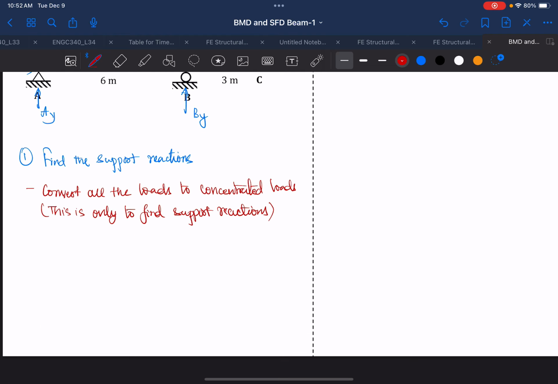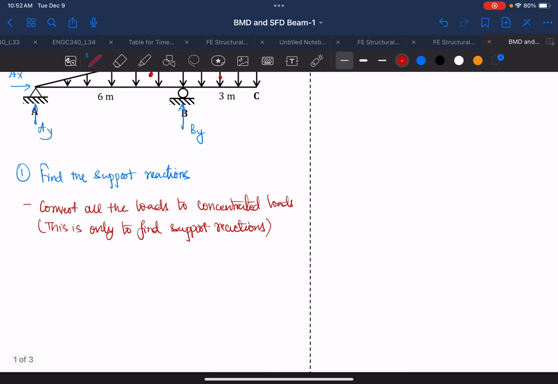So this concept that we convert all the loads to concentrated loads is only to find the support reactions. If you do that, you take the whole beam again, A, B, and C. Here we have By, and then here Ay, and here Ax. Because we have converted the load, the load here will be F1 and the load here will be F2.